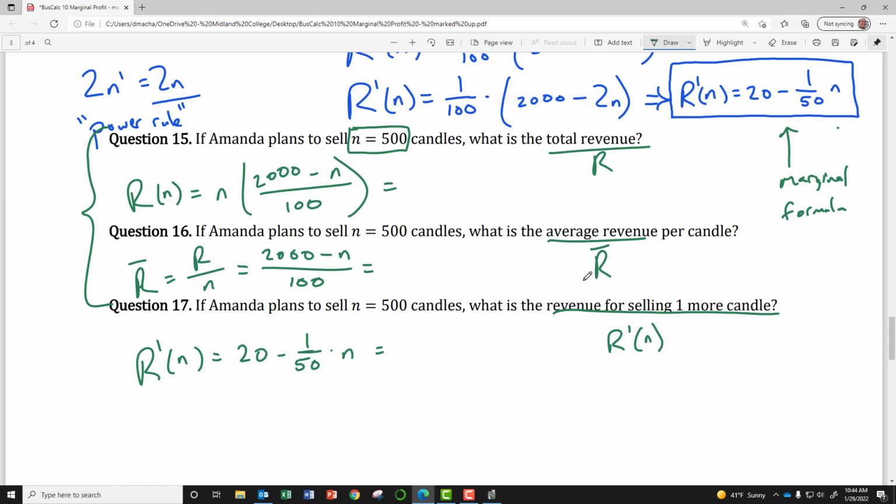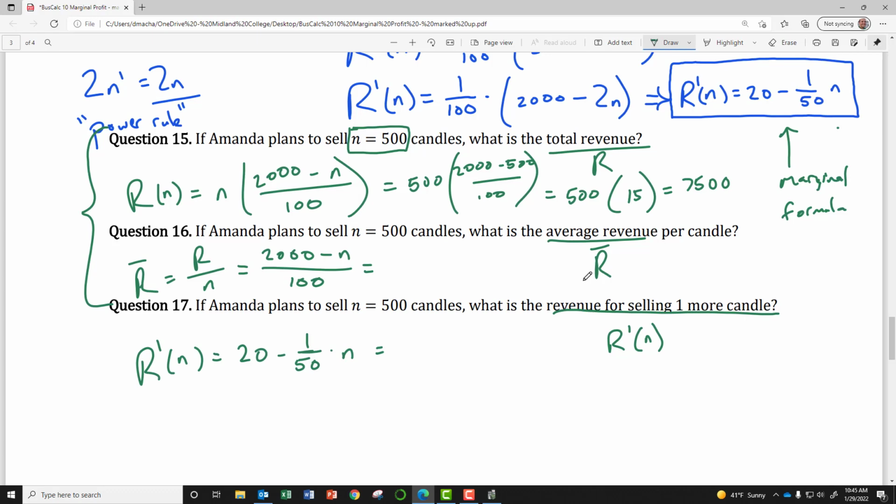So if N is 500, this is 500 times 2,000 minus 500 over 100. So this is going to be 500 times 1,500 over 100, which is just 15. And 500 times 15 would be 75 for 5 times 15, and I add 2 zeros.